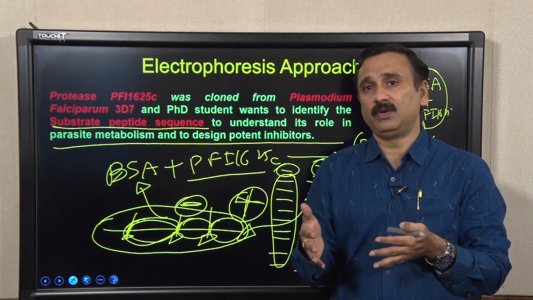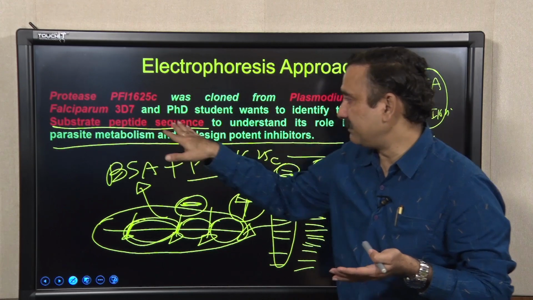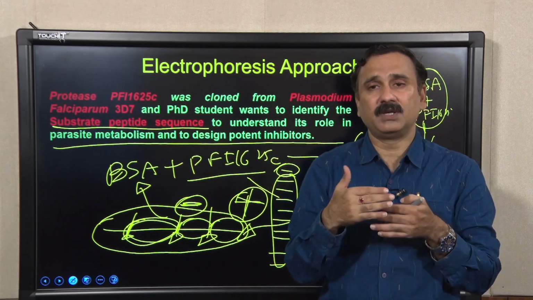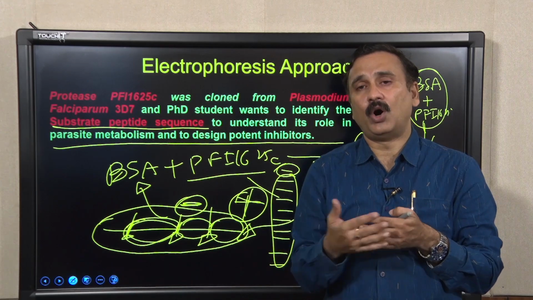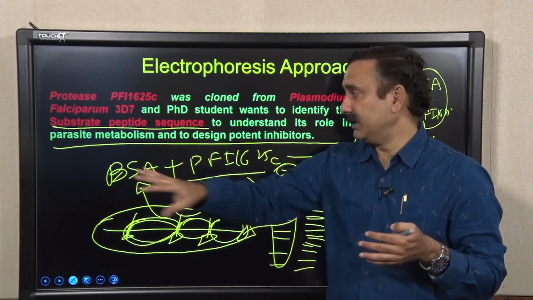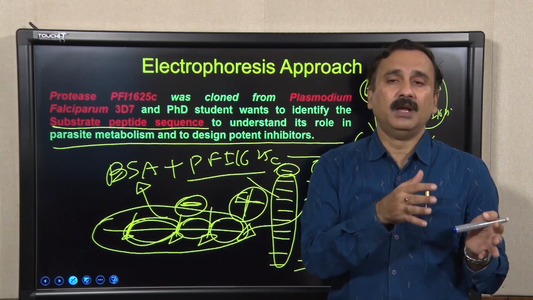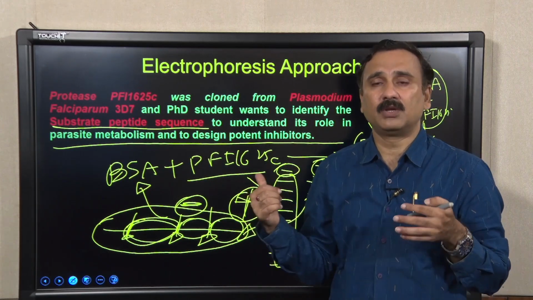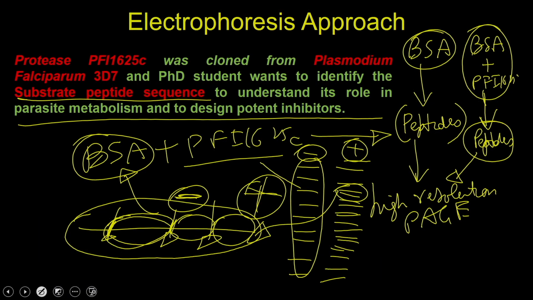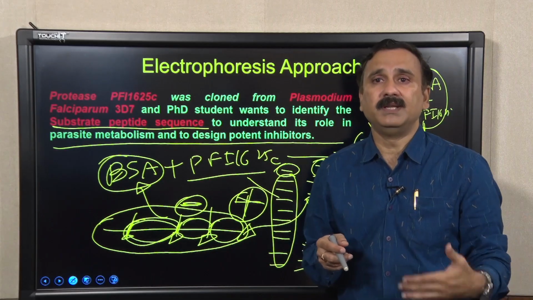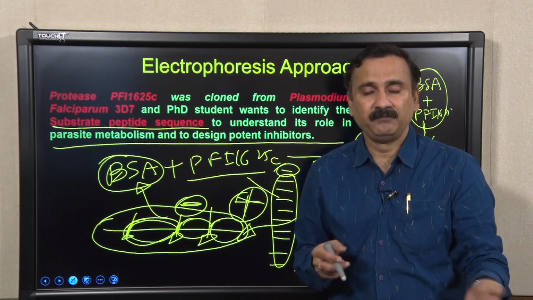That is how you can deduce not only the substrate peptide sequence which the protease prefers to cut, but also whether BSA is a substrate for this protease or not. I am just giving you the example of BSA, but if you require, you can use some other proteins also, from the host cells or from the parasite cells.